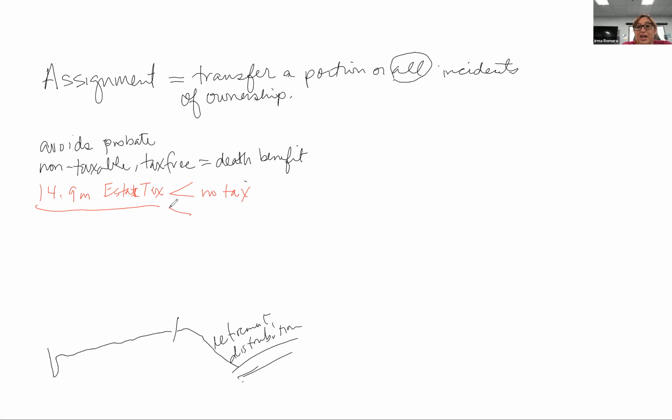However, if it's greater than that, there is a 40% tax rate that has to be paid before your assets are distributed, for any amount above 14.9 million. See, 14.9 million is the exemption. So you can have up to 14.9 million and there's no estate tax.